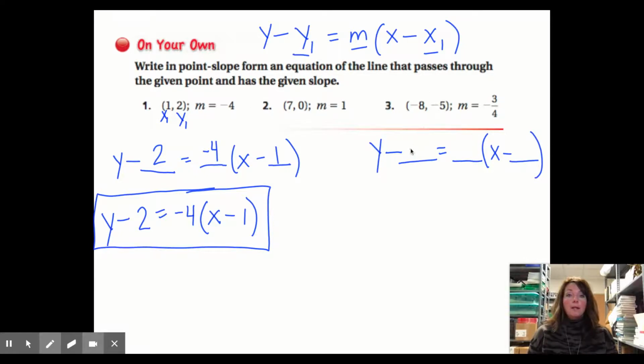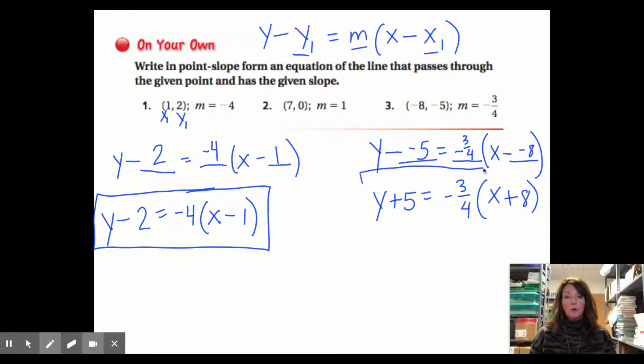So y1 is a negative 5. The slope is a negative 3/4, and x1 is a negative 8. Now we have a few things to simplify here and clean up. So we would change this to y plus 5 is equal to a negative 3/4 times x plus 8. And there's our point slope form.